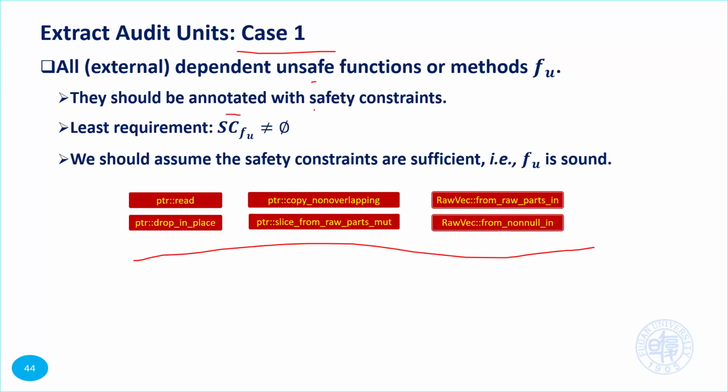So they should be annotated with a proper safety constraint, and obviously this safety constraint should not be empty. To verify the soundness of the encapsulation, we assume all the safety constraints are sufficient, which means these 6 unsafe functions should be sound.